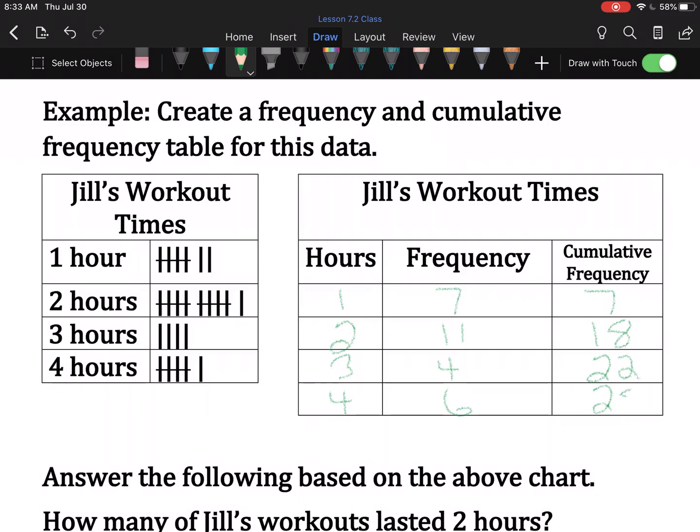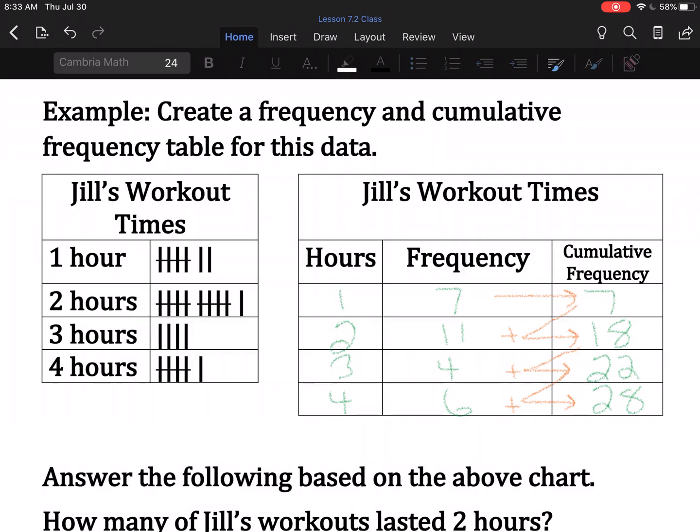And in the last row, we'll do 22 plus 6. So to get cumulative frequency, the first row travels, then we add diagonally. Okay, first row travels, and then we add diagonally.